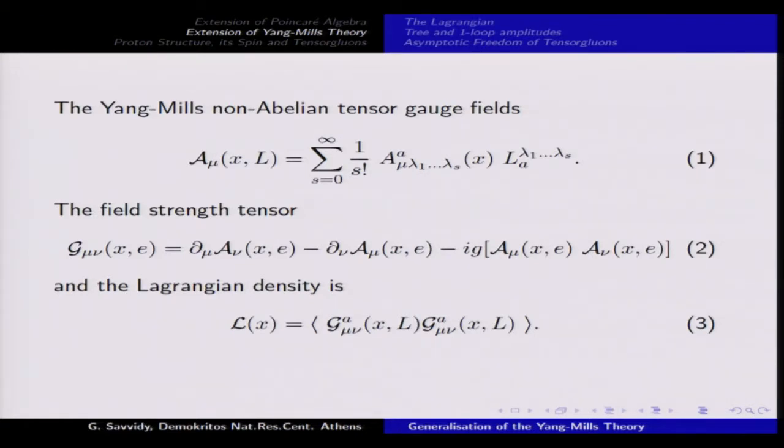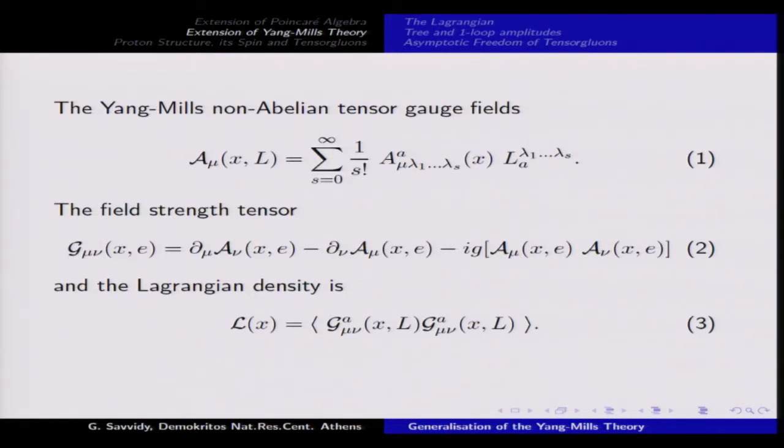We have to add new Lorentz indices to our gauge field, and therefore our gauge field depends, as it should, on the index mu, but there is a mixture of internal and space-time indices, which is written here.